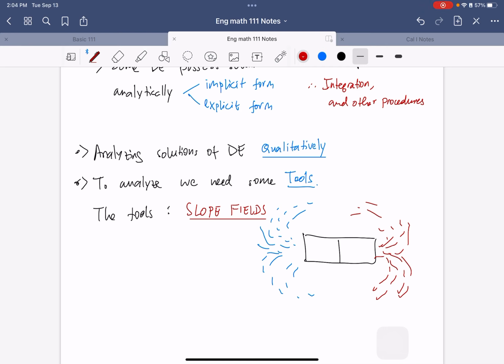Because when we talk about differential equations in the first order, we are talking about the curve of the gradient.